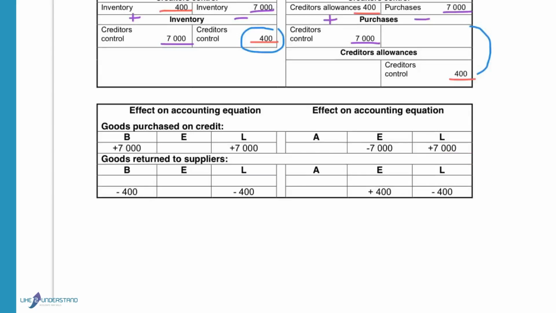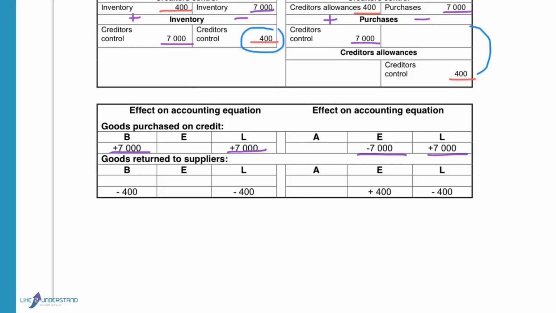When goods are purchased, inventory increases assets on the debit side and will increase liability on the credit side. In the periodic system, we don't use inventory. We use the purchases account. Purchases is an expense. Expense decrease profits, and your liability will increase with 7,000.